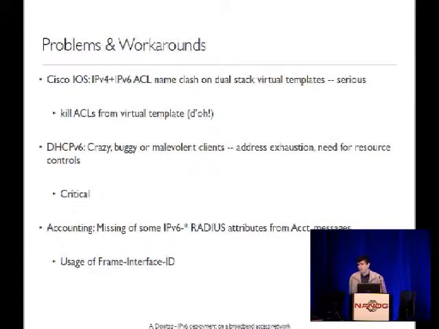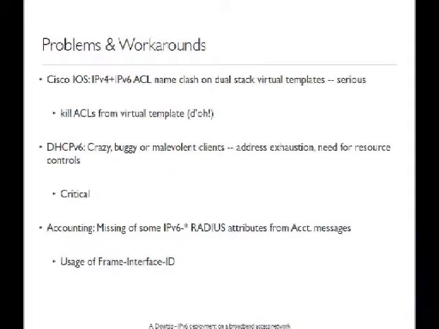So, some problems we have encountered while researching all this. Okay, the first problem is that, like I said, each institution assigns IPv6 addresses for its users to receive, and also each institution has the right to define a policy which is expressed as an access list in the virtual template.